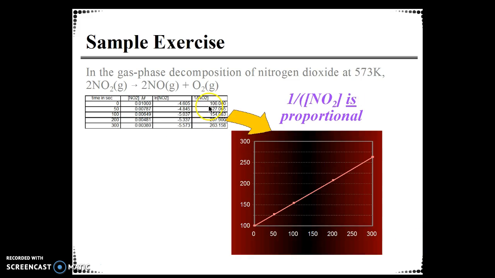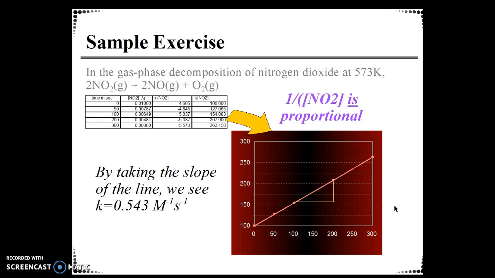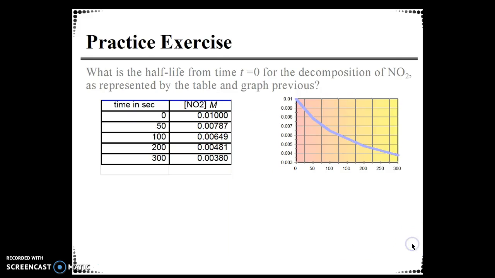But the graph of the reciprocal of the nitrogen dioxide concentration against time is in fact a directly proportional relationship. It's a straight line. By taking the slope of the line, we see that the rate law constant is 0.543 reciprocal molar reciprocal seconds.